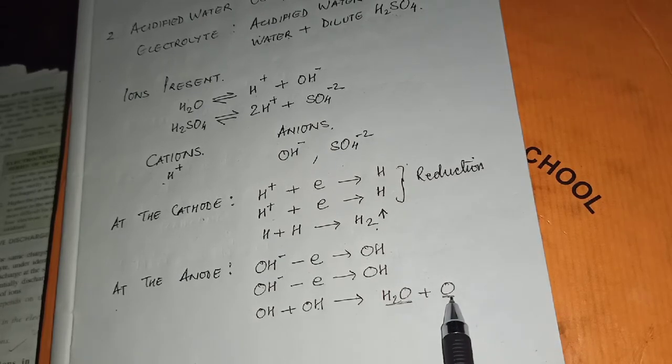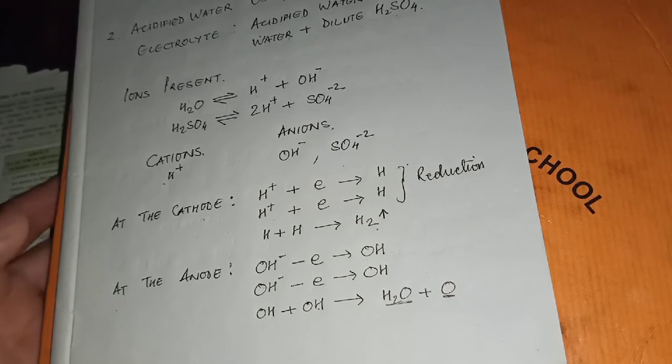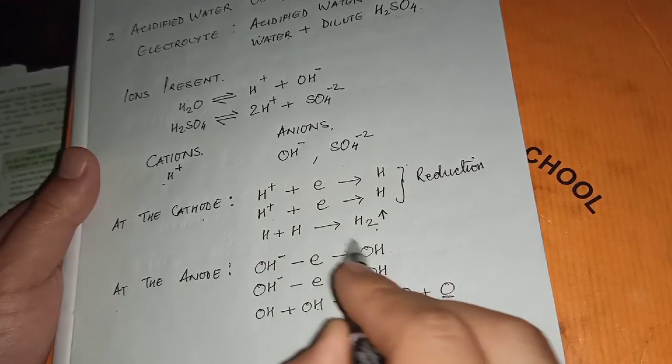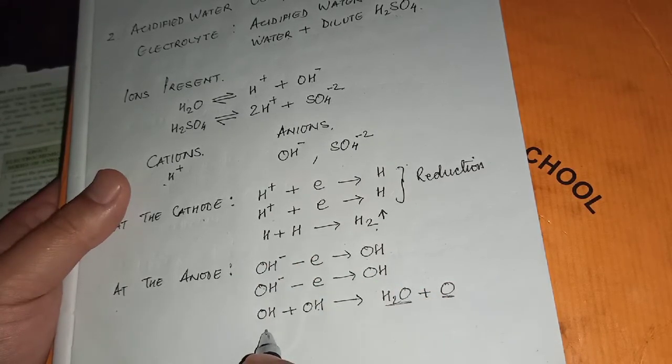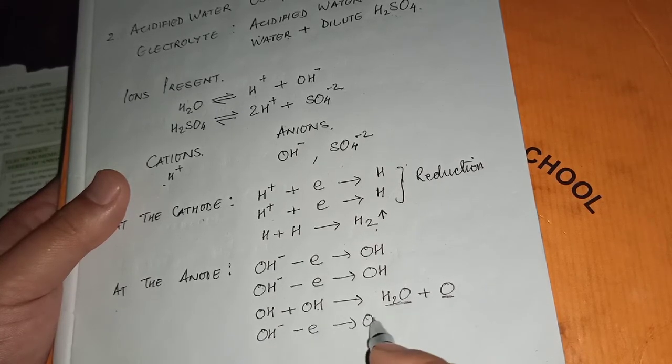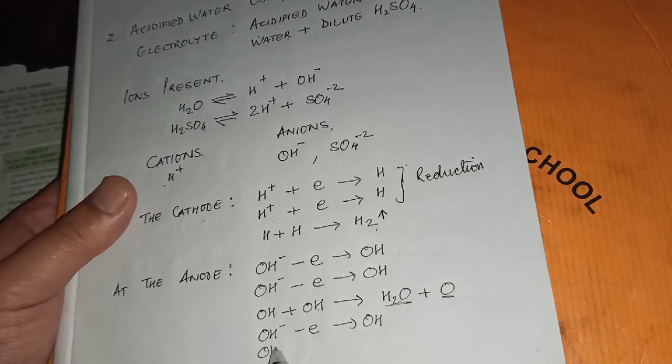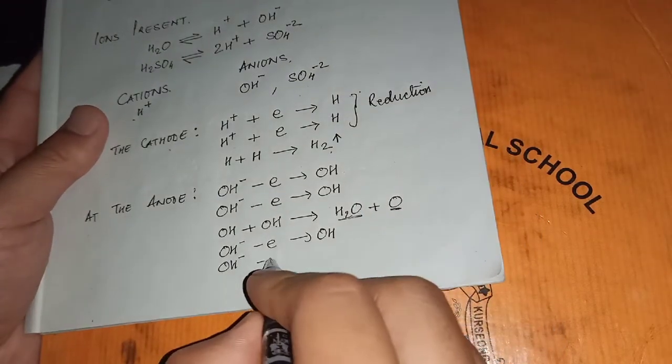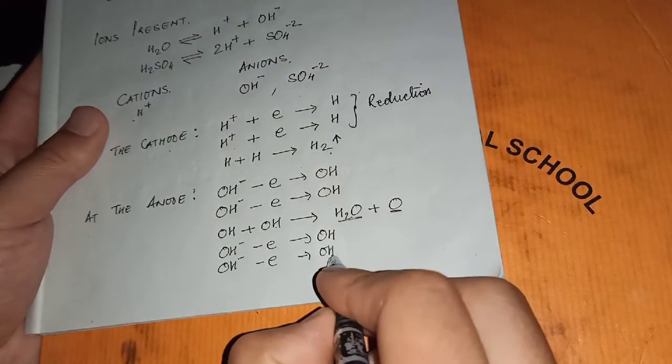Again, one atom of oxygen cannot exist independently because oxygen is a diatomic gas. Therefore, this whole process takes place again. One OH minus comes, loses an electron, and another OH minus ion comes, loses an electron and converts into OH.